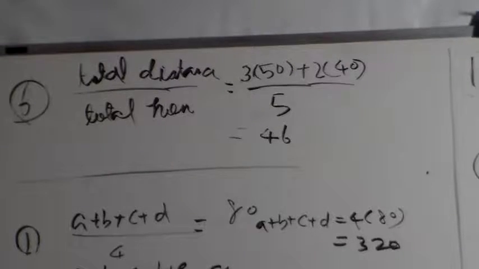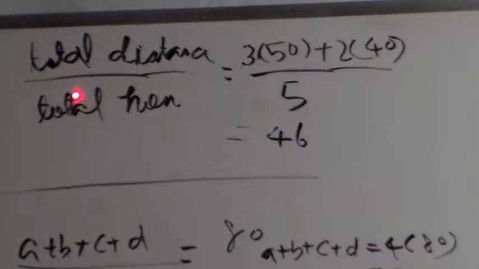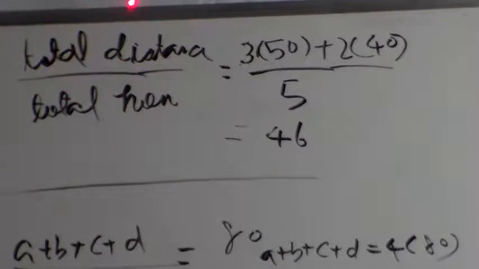Okay, example 6 is trying to find the average. Make sure average should be total distance, whatever you're looking for, total distance. As for this example, total distance divided by total time.